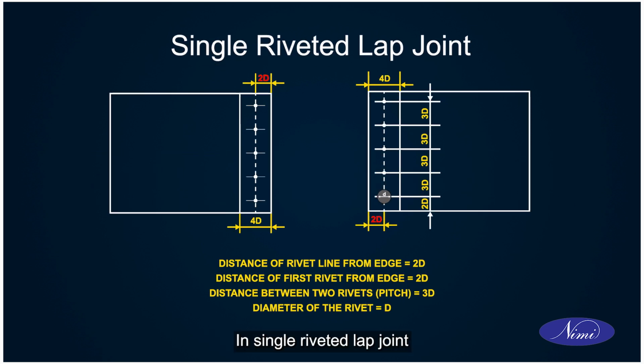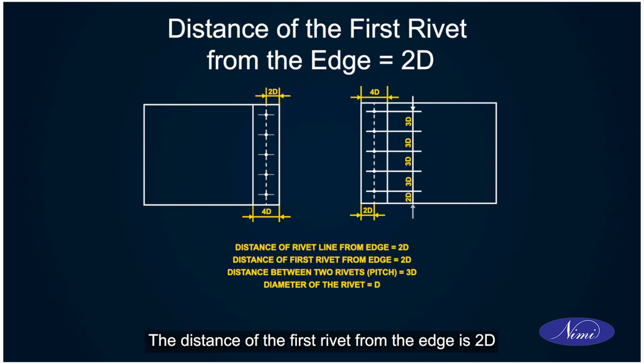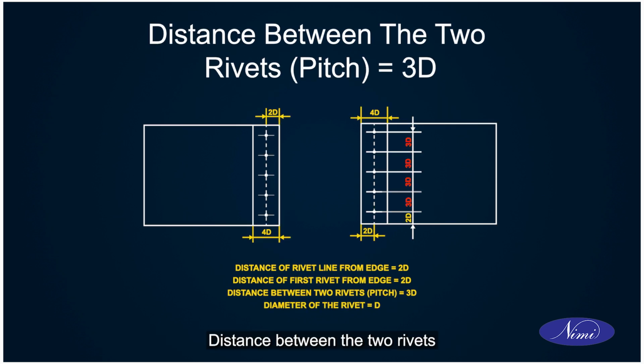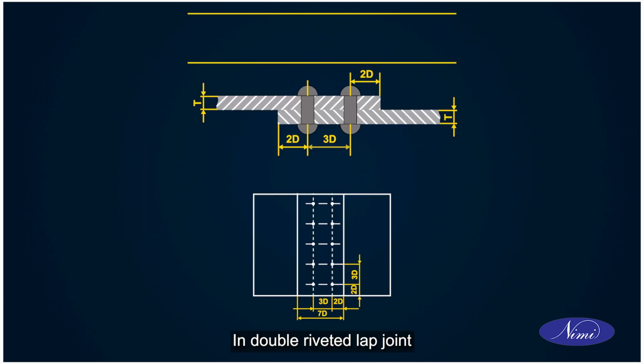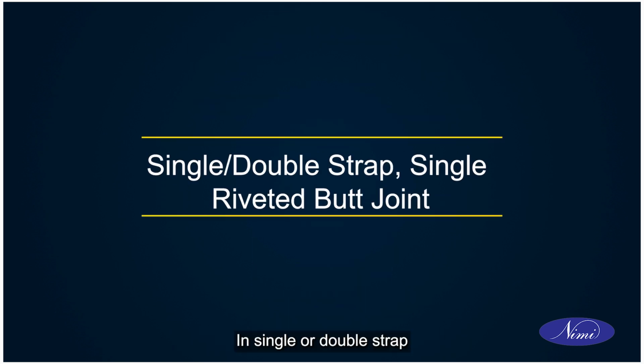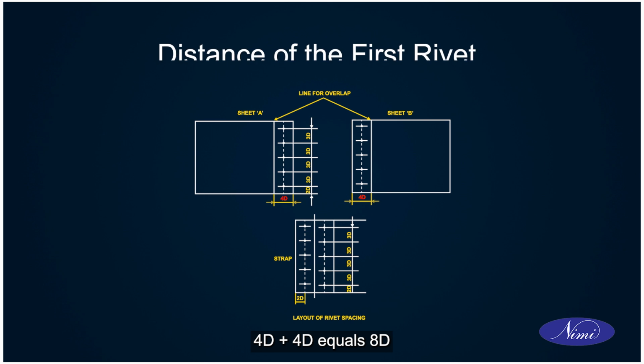In single riveted lap joint, the distance of the rivet line from the edge is 2d. The distance of the first rivet from the edge is 2d. The distance between the two rivets, also known as pitch, is 3d. In double riveted lap joint, the spacing between the two rivets is 3d. In single or double strap single riveted butt joint, width of the strap is calculated as follows. 4d plus 4d equals 8d.